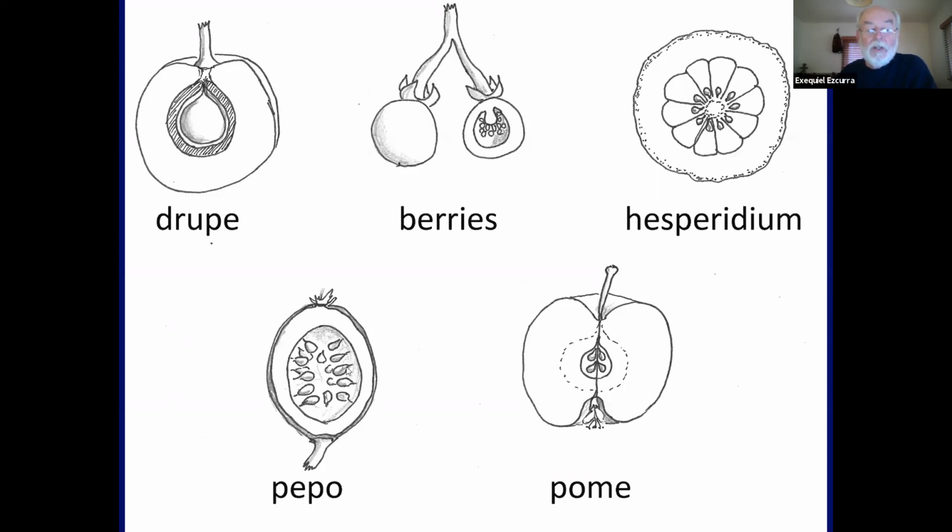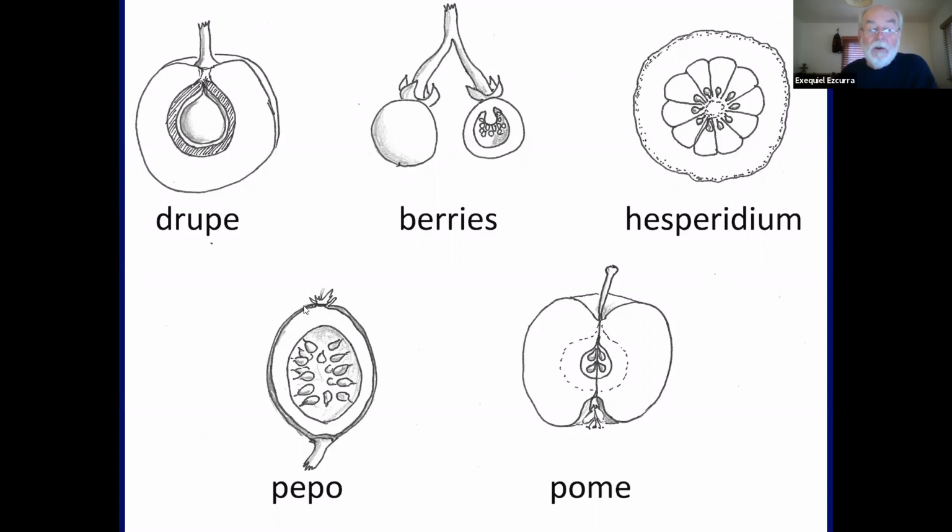If you get a squash and you look at it, it has the pedicel of the flower turned into the pedicel of the fruit below, but the rest of the petals and the sepals and the stamens are on top of the fruit. So this is formed from an inferior ovary.